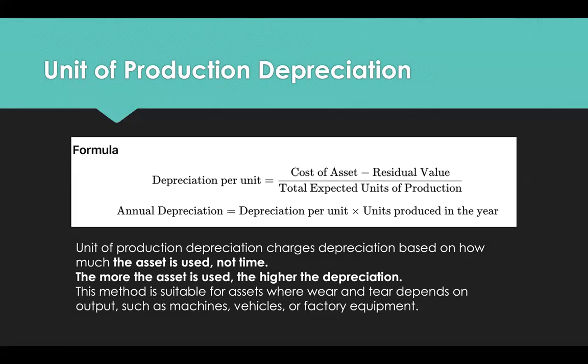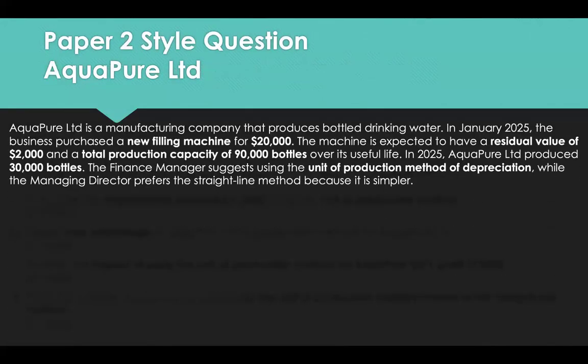It provides a more realistic cost allocation when production levels vary. We can try to apply it to AquaPure Ltd in the Paper 2 question style.